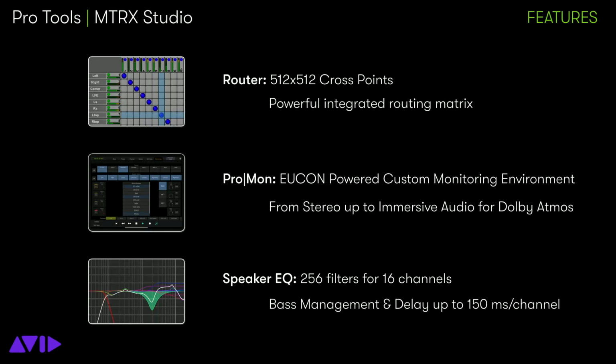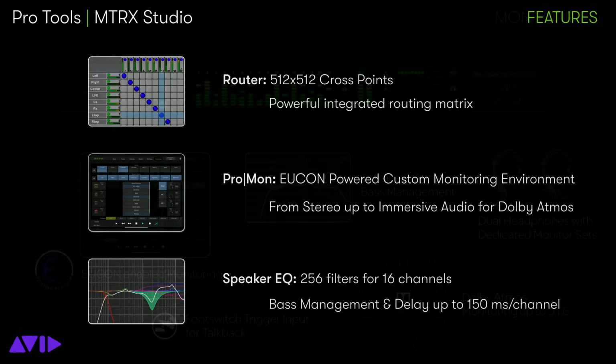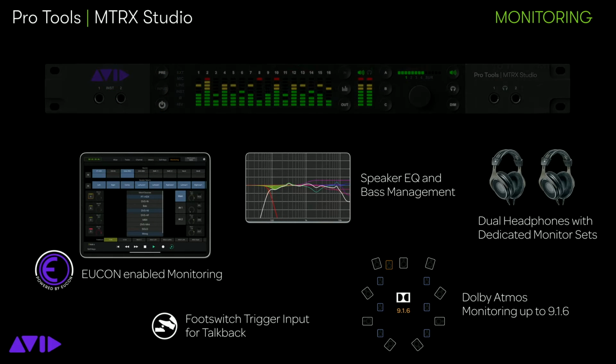We've also included a subset of the optional card that you can add to Matrix, which is called SPQ. We've actually built that into the Matrix Studio, and that allows you a pool of filters to be able to enable bass management and do speaker tuning in your room. So that's another thing that we're super excited about, and delays actually. You can do lip sync delays and compensation delays.